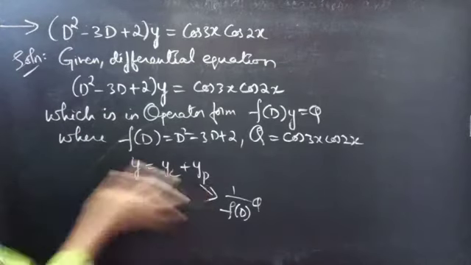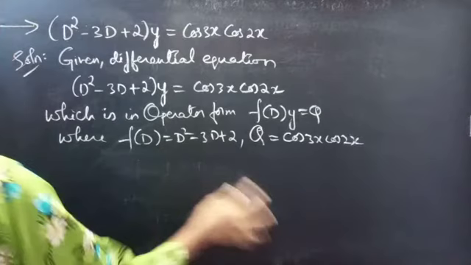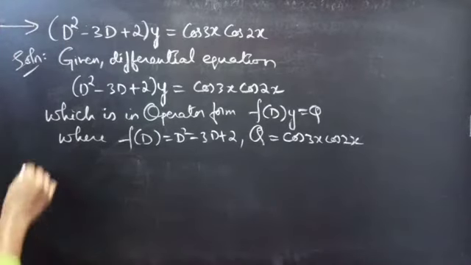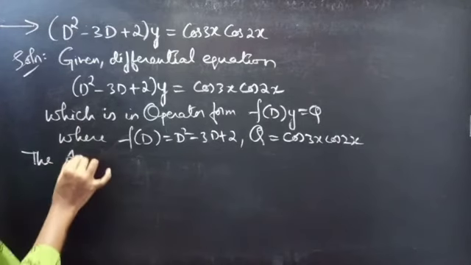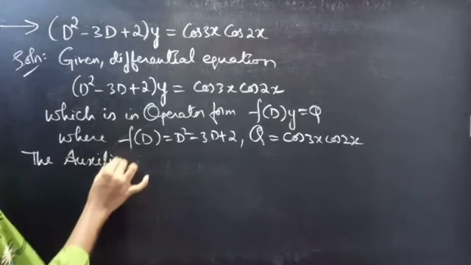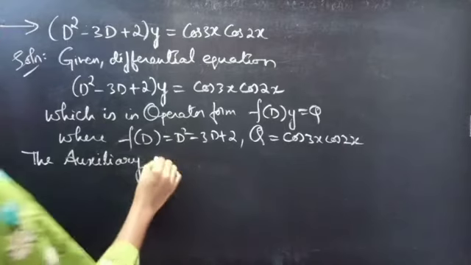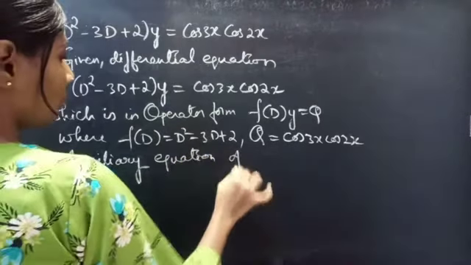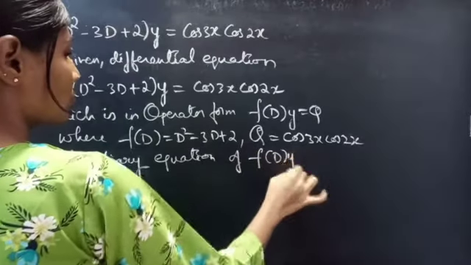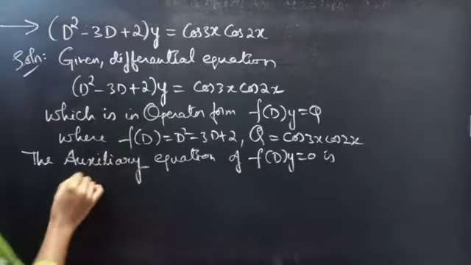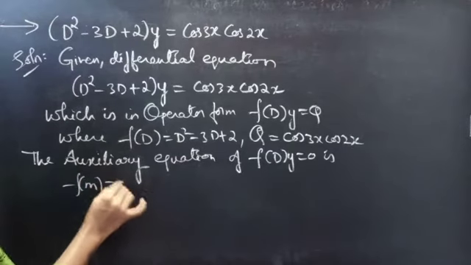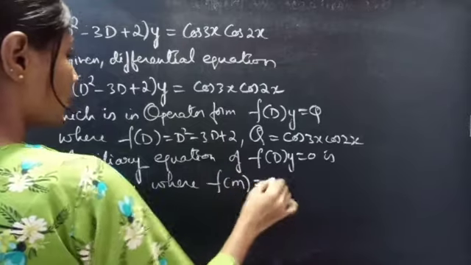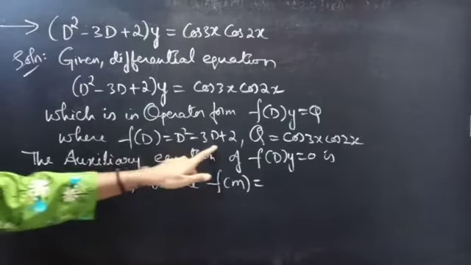Okay, now let's find the complementary function using the auxiliary equation. The auxiliary equation of f(D)y = 0 is f(m) = 0, where we have f(D) = D² - 3D + 2.